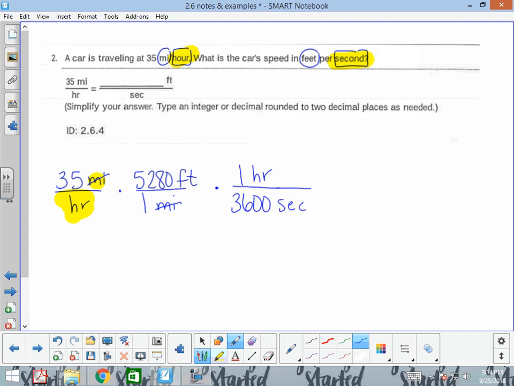Notice I put the hour on top, because since hour is on bottom down here, I want hour to be on top here. That way they can cancel out. So now I have feet on top and seconds on bottom. And that's the way I want. I want feet to be on top and seconds to be on bottom.